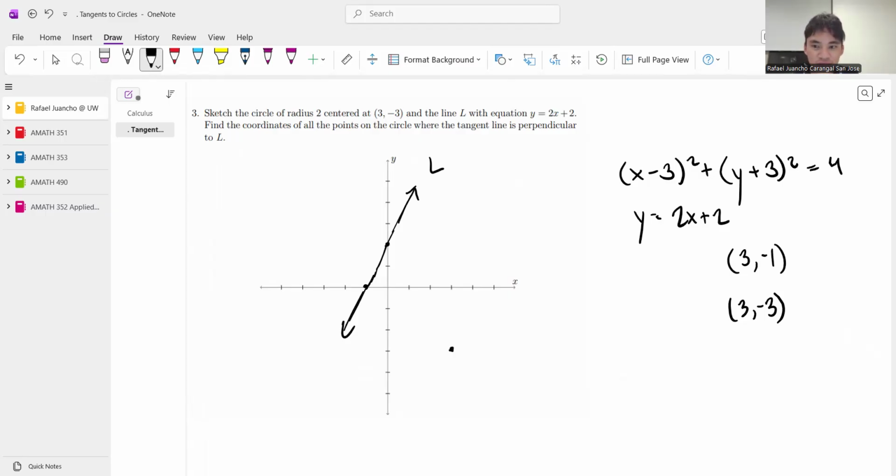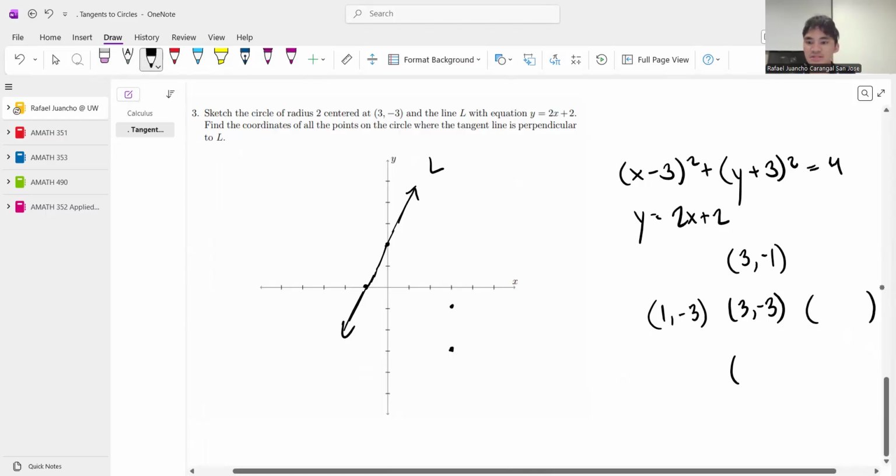So that would be here. If we go to the left, that would be 2 left on the x, so 1, negative 3. If we go to the right, that would be, whoops, my bad, this one's wrong.